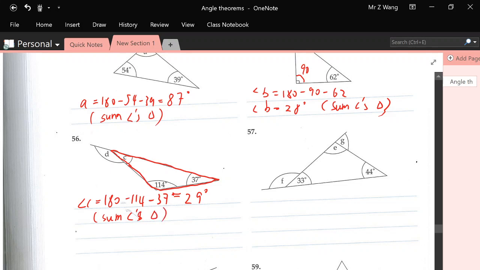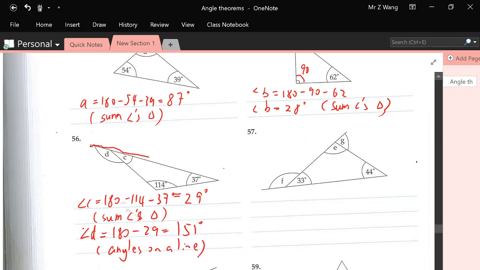And then we figure out D. Now, after we focus on the triangle, we can focus on the straight line. We see that C and D share a straight line, so angle D equals 180 minus 29, which is 151 degrees. Okay, and this is angles on a line.